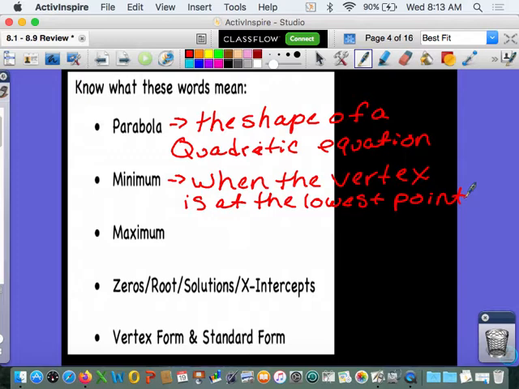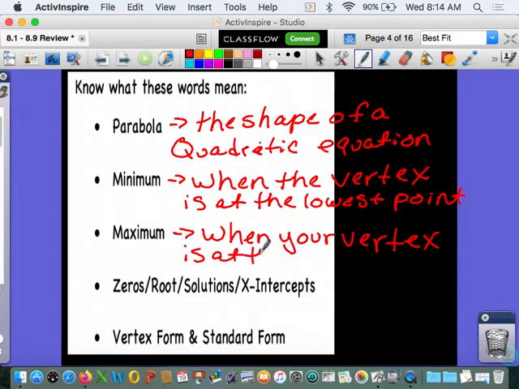The maximum, when your vertex is at the highest point. Okay? Roots, zeros, solutions, x-intercepts: when your graph crosses the x-axis.